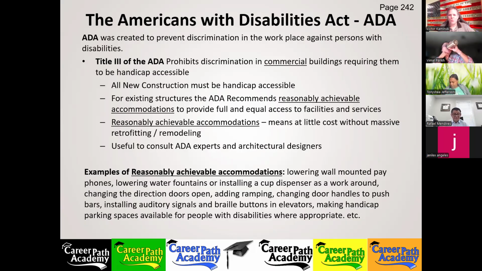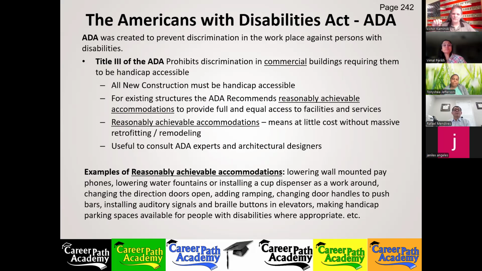Now, when it comes to existing structures, what is the ADA's recommendation to make them handicap accessible? Yes. Reasonably achievable accommodations.